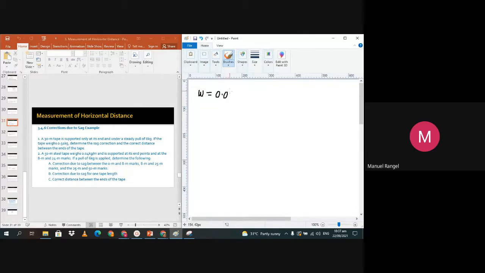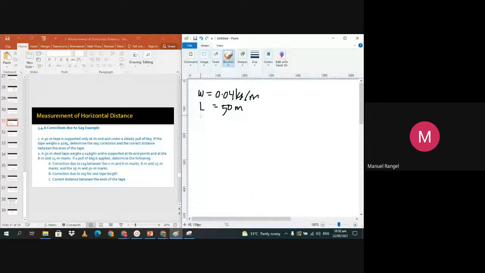0.04. Then asa pa ang given? The length. What is given as 50 meters. Then asa pa given?